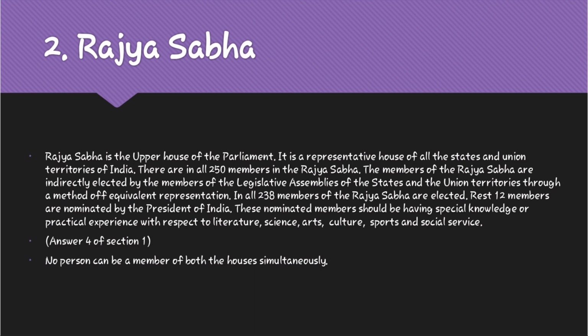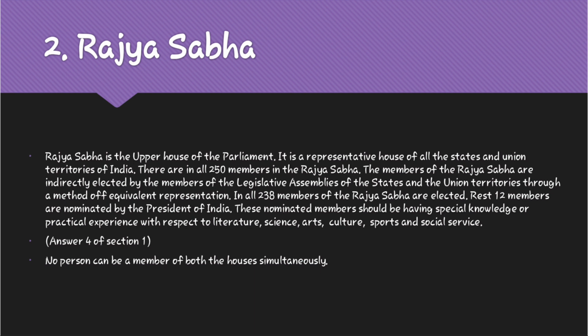Some will be senior teachers, some senior scientists, some artists, sports persons, and some from the cultural field, social service sector, or literary field. So why are these people selected? Because they should help the President by giving special knowledge and sharing their practical experiences in their particular field to help the President make the rules safe.